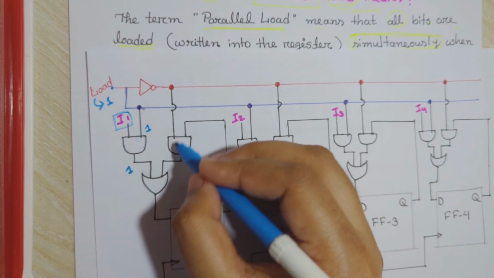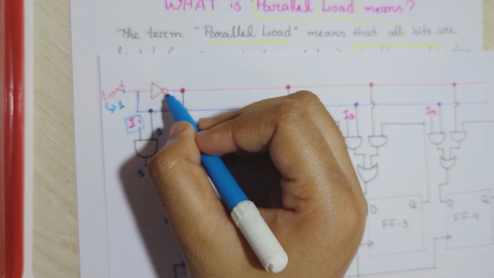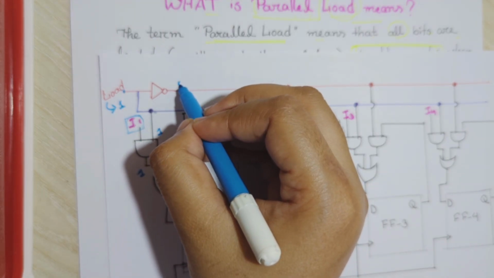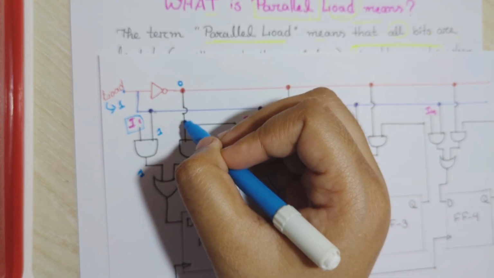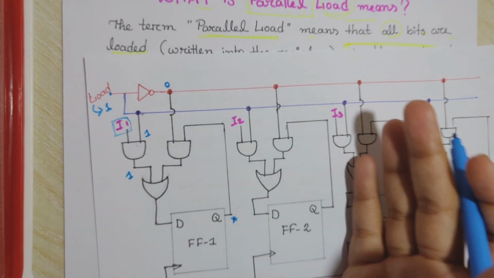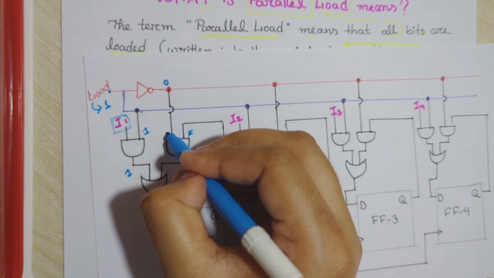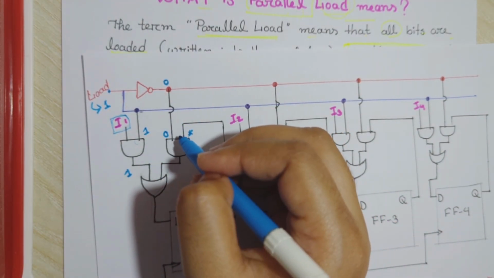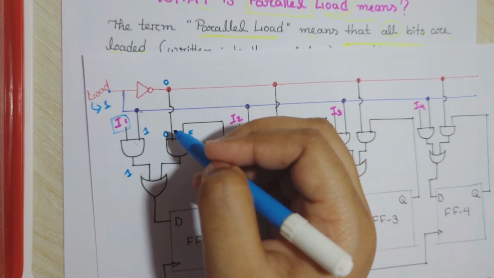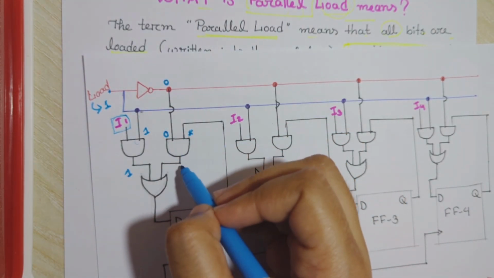And for this AND gate, if the load is 1, then after using this NOT gate we will get 0. Then this 0 will come here as input for this AND gate. For an AND gate, if one of the inputs is 0, then the whole output becomes 0.